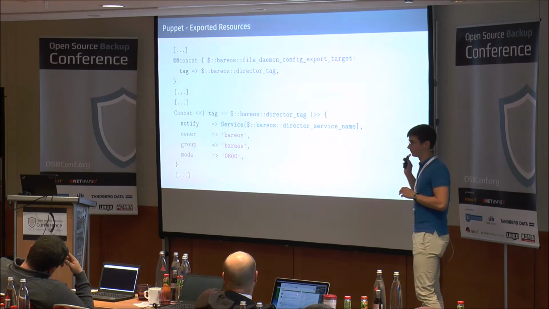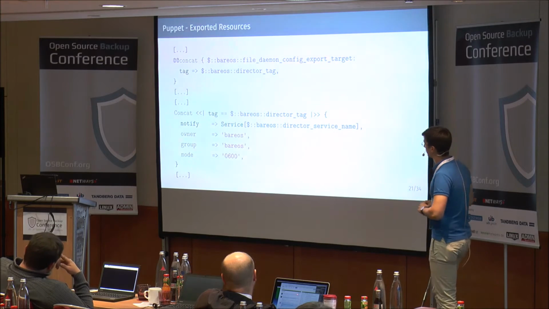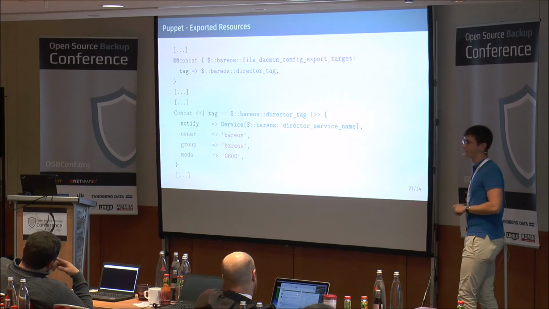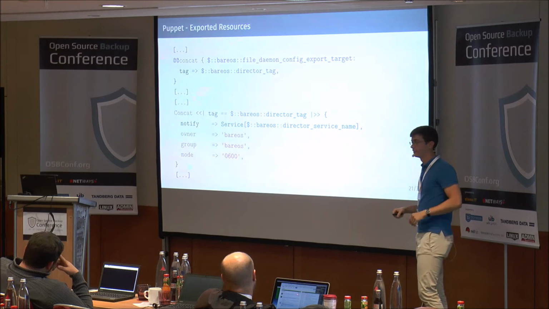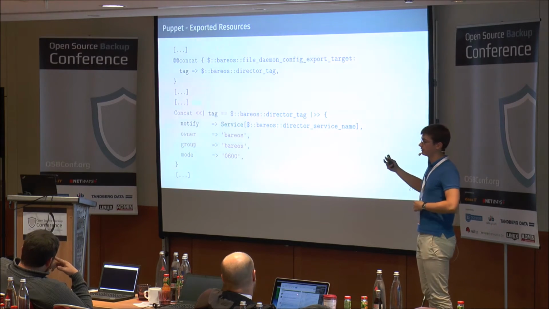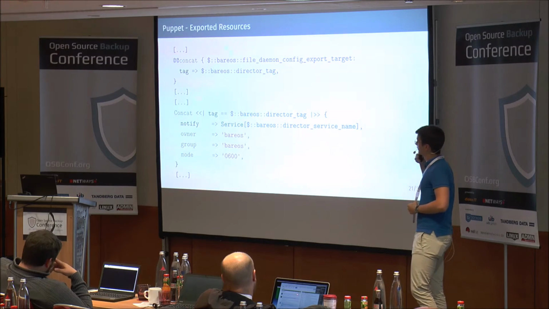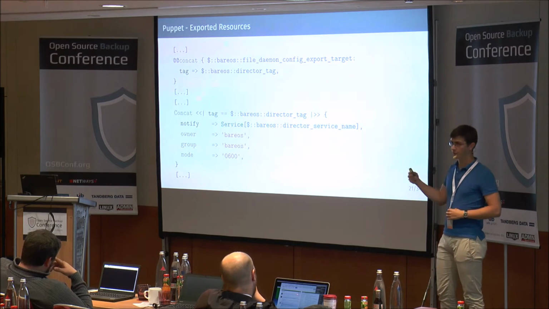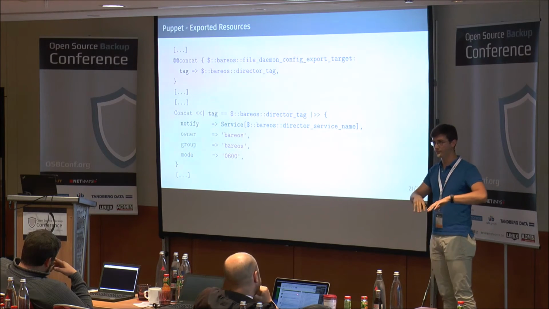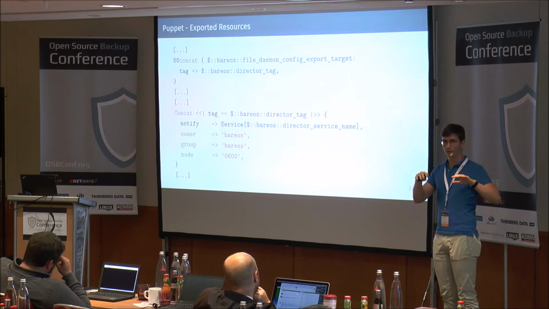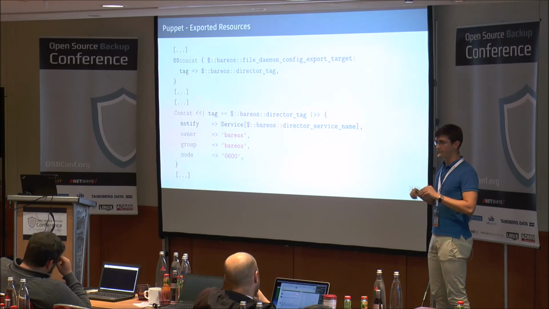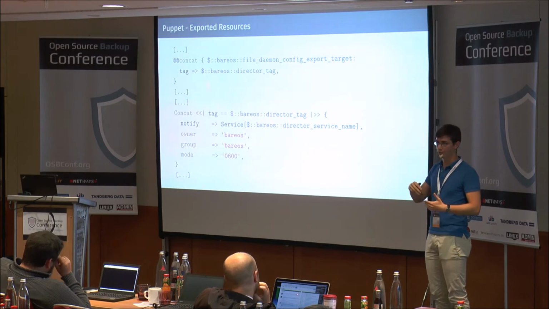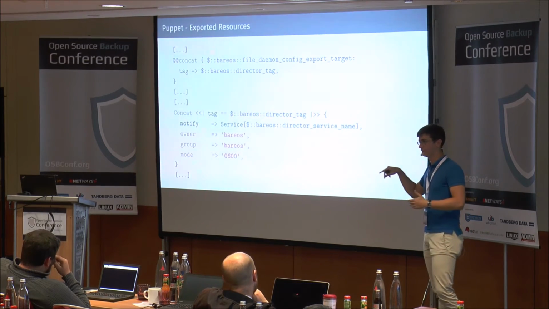A really important part about this whole setup is the exported resources. With exported resources, I can create a fragment of a concat on the client, which is then not necessarily applied on the client. I can upload this concat fragment to the server, where it is stored in the PuppetDB.